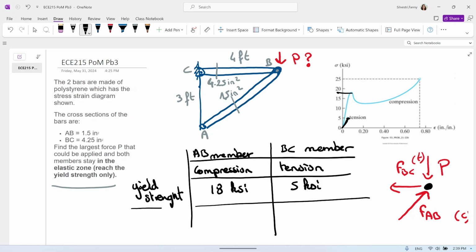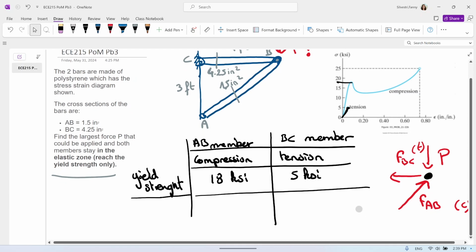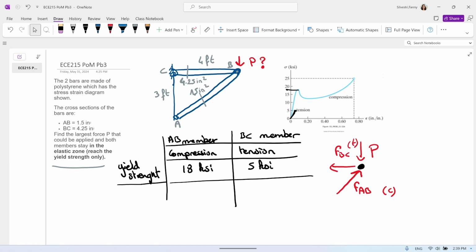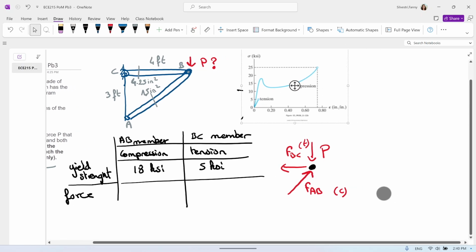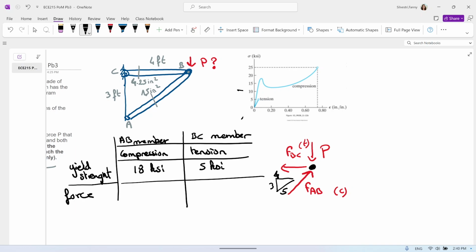Okay, let me do this and this. We need to find the relation between the force P and the members. So we draw a little free body diagram to the right. Let's move that up a little bit. We need to work on that free body diagram, and we know that we have a 3, 4, 5 triangle there.